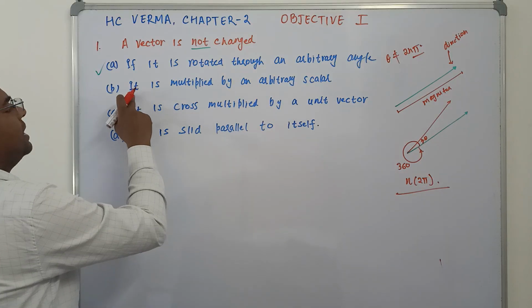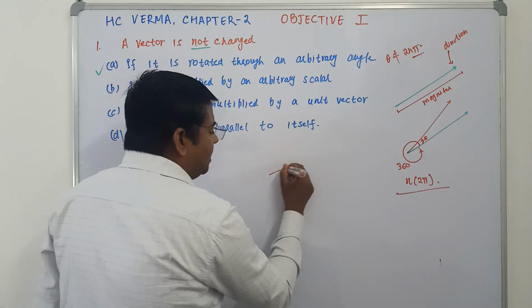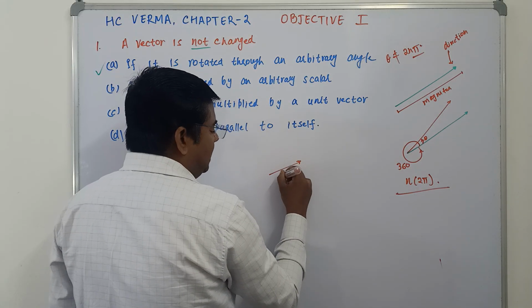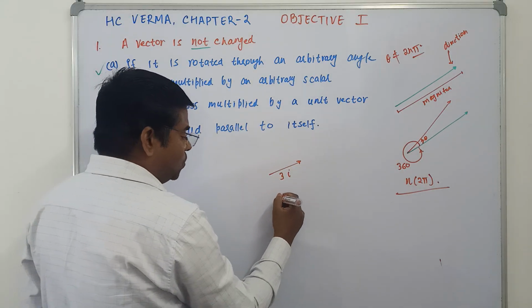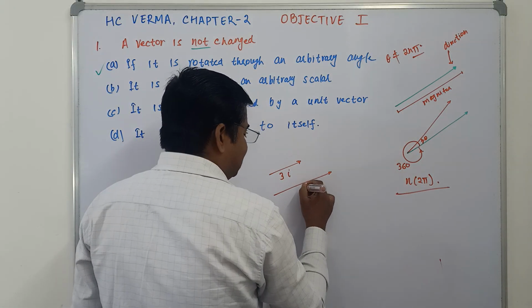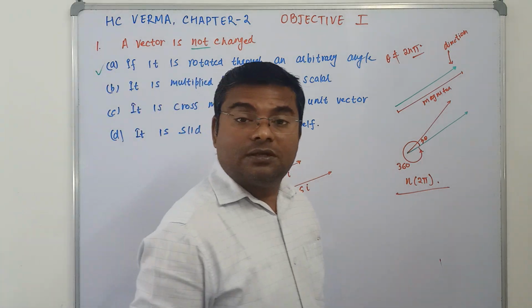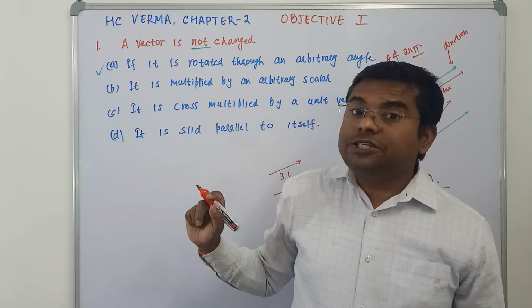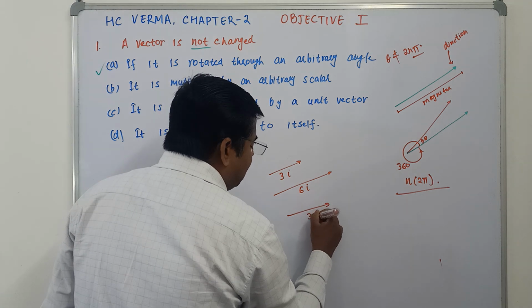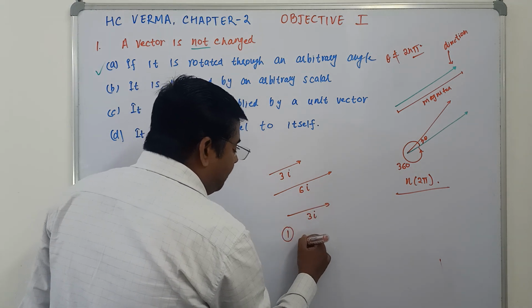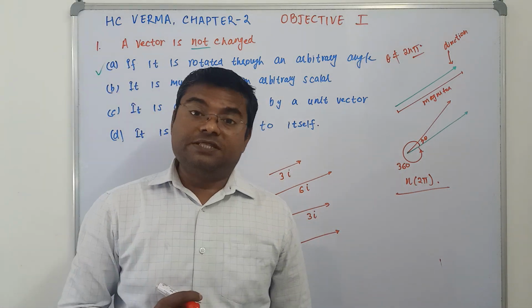Now the second option is if it is multiplied by an arbitrary scalar. Suppose this is a vector, suppose 3i. Now if we multiply it by a scalar, suppose 2, we get the value 6i. So the magnitude of the vector is changed, hence it must change. But what happens if we multiply the vector 3i by the scalar 1? The magnitude and direction of both vectors will be the same.